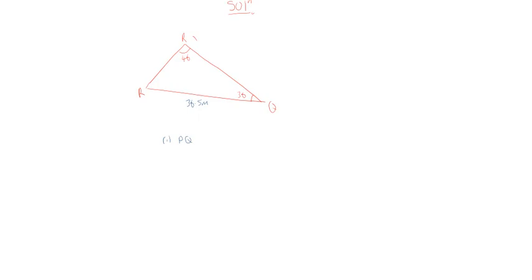Sorry, I made a mistake. This was supposed to be P. So my point P is here, my point Q is there. They want me to find this distance. So let us find it.